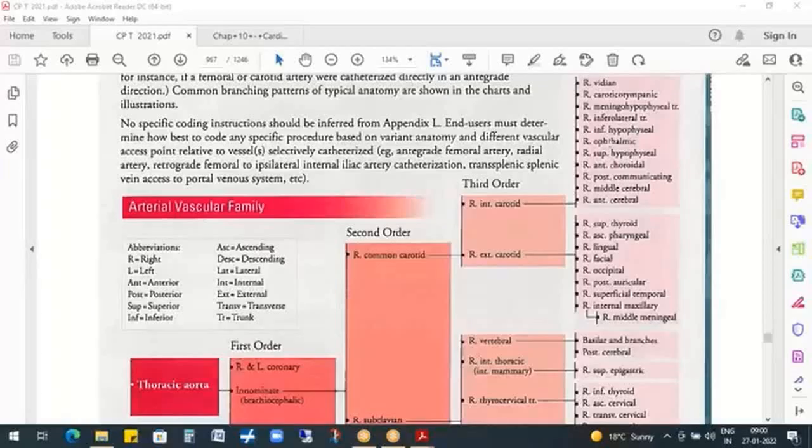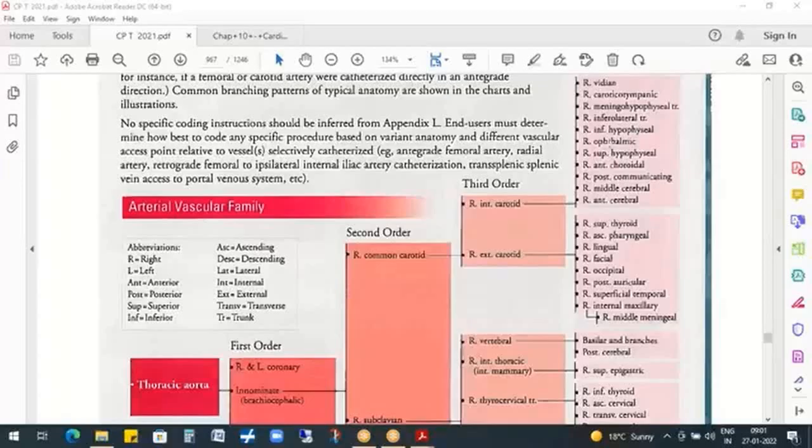Same for all: 245, 246. You just need to identify the artery or vein. In a basic way, I am telling. First one, write down: end tip of the catheter. If it is in first order, second point, if it is in second order, third point, if it is in third order.